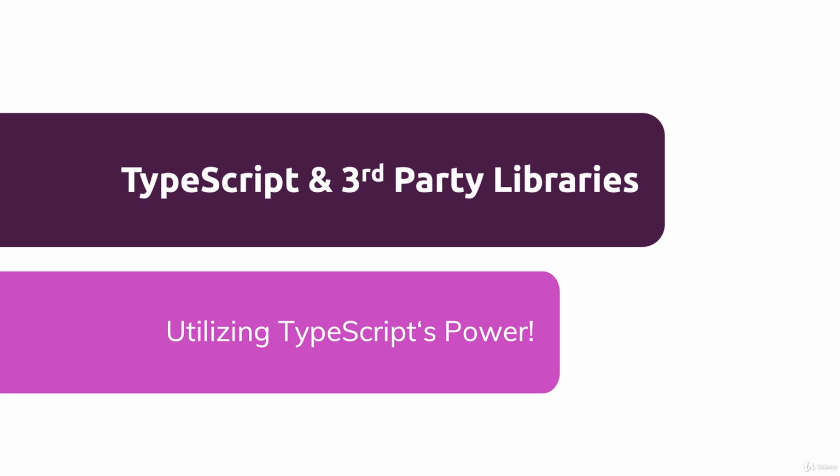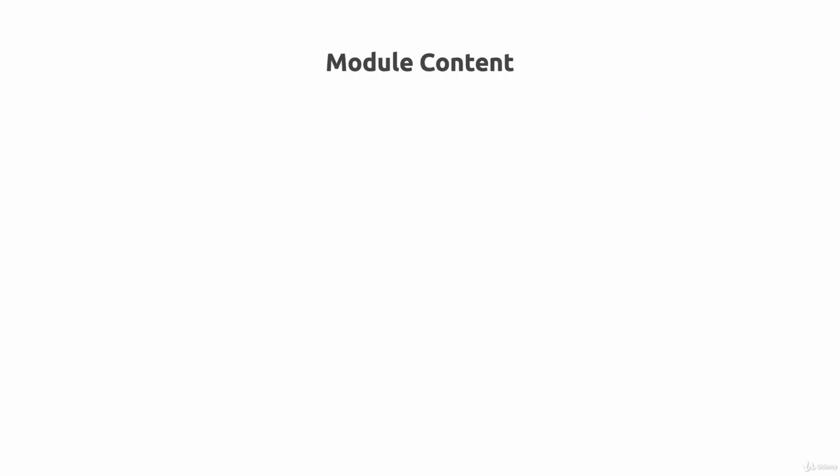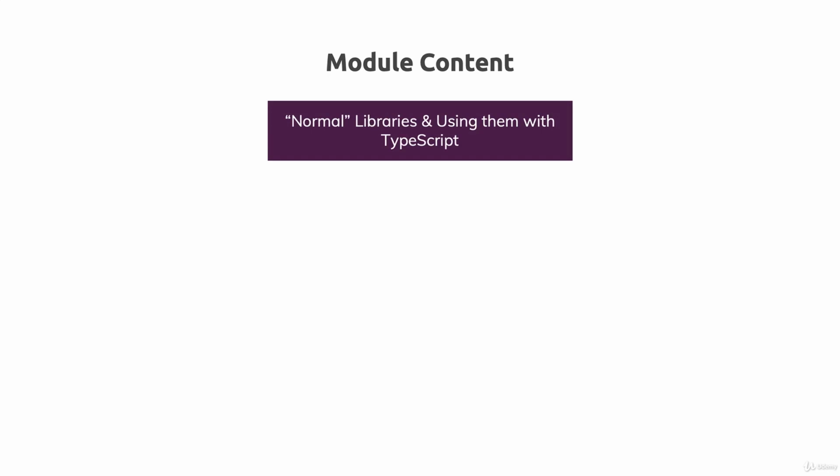Now, in this module, we will have a look at third-party libraries and how you can add them to your TypeScript project. And specifically, we'll have a look at two types of libraries and what working with them in a TypeScript project means. We'll have a look at normal libraries, which you could use in regular JavaScript projects as well. And you will learn how you can use them in TypeScript and get the most out of them.